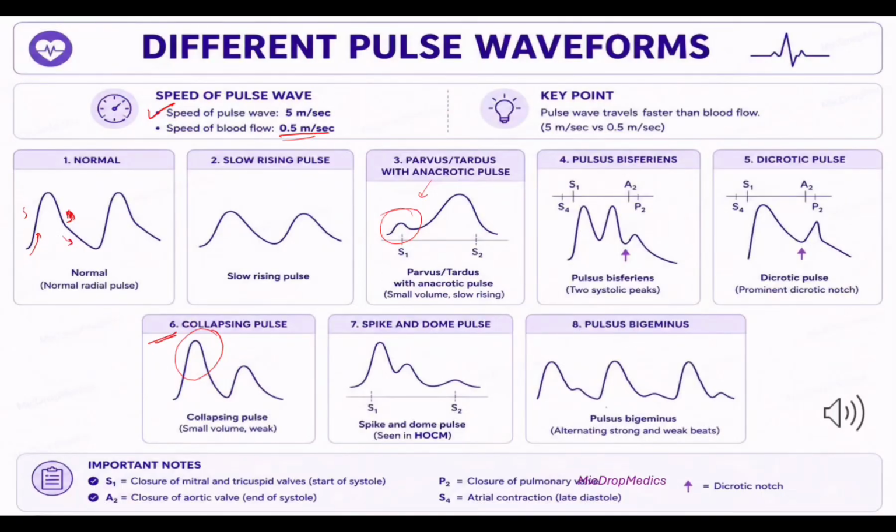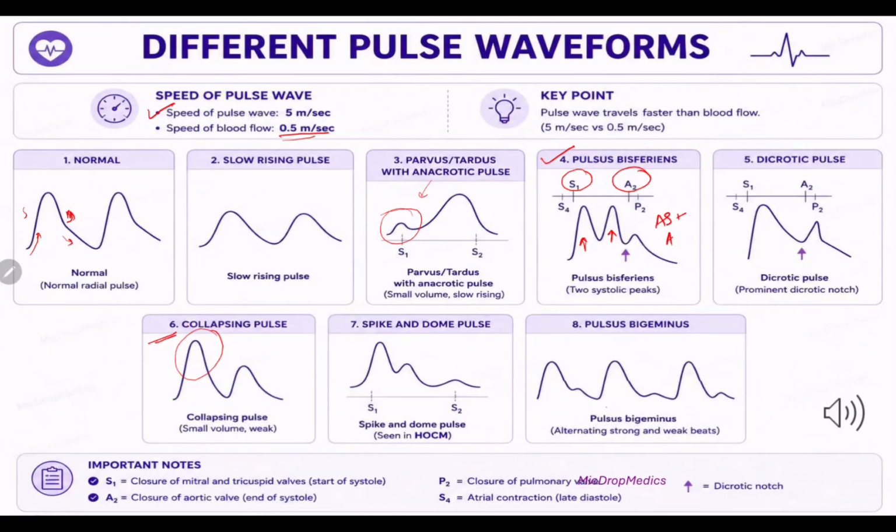Next, let's examine pulses with multiple peaks. Waveform 4 is pulsus bisferiens. Here, you see two systolic peaks, S1 and A1. This is frequently felt in combined aortic stenosis and aortic regurgitation.